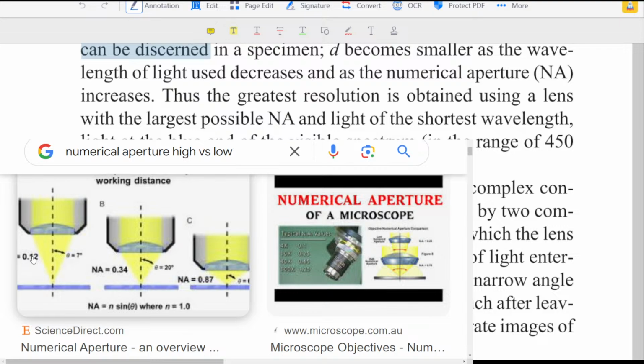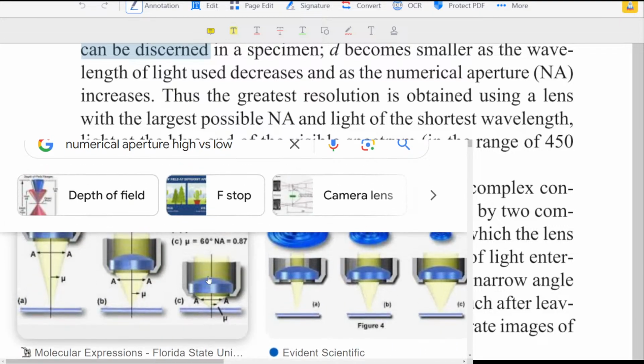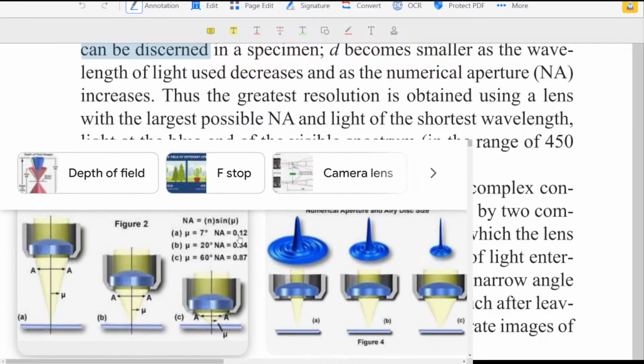The smaller the aperture, which one is smaller? Here, 0.12, 0.34, 0.87. The A has the smallest. All right. I see.